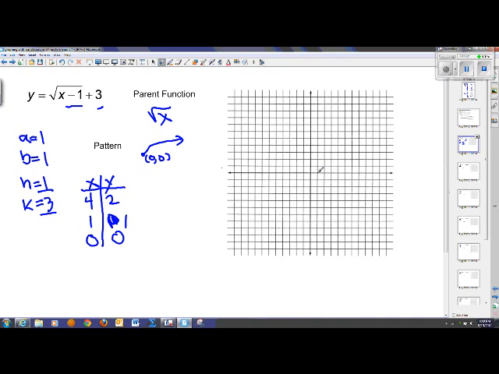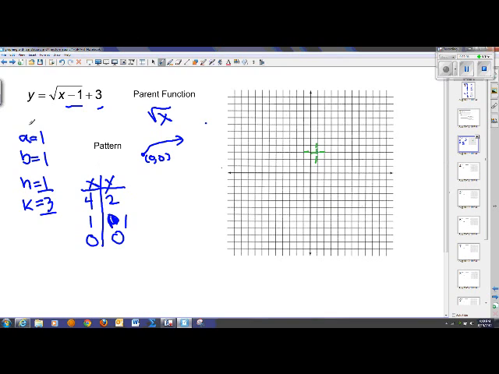So if I go 1 to the right and 1, 2, 3 up, this is my new origin, the point 1, 3. And now what I'm going to do is I'm going to take and graph this square root function using the point 1, 3 as what you might call a new origin.